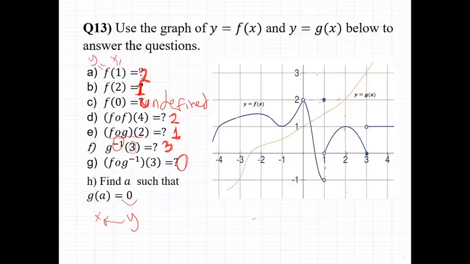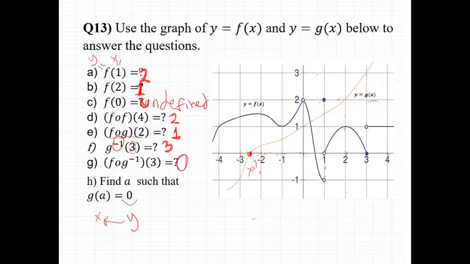You find the point on the graph of f, no, on the graph of g, sorry. So what is this x value? Or we say, what is this a value here?